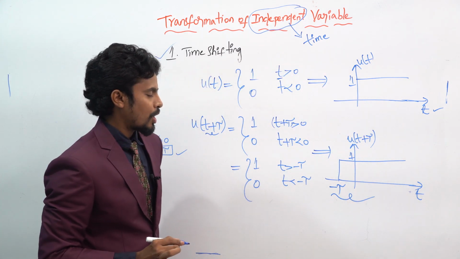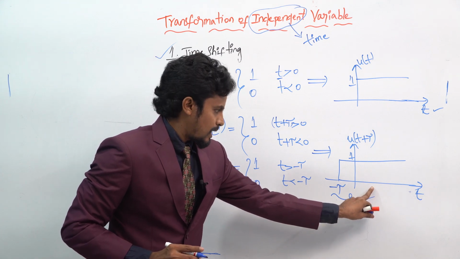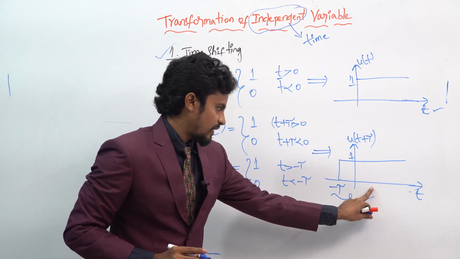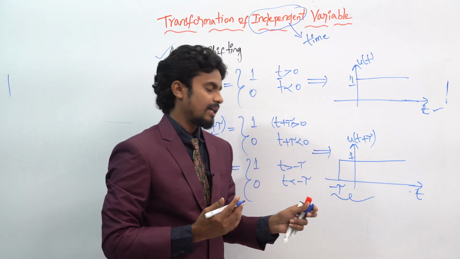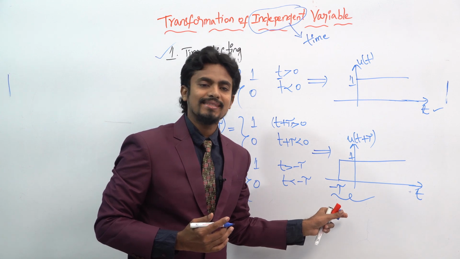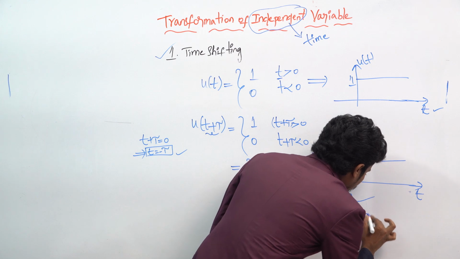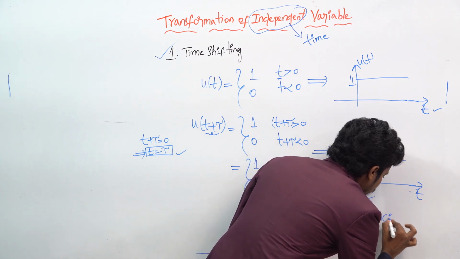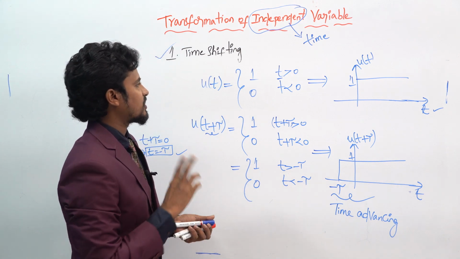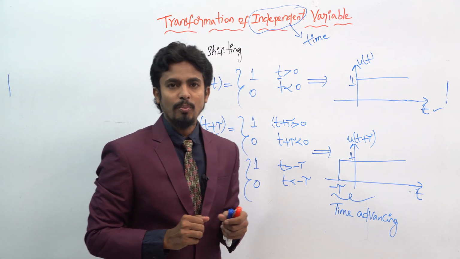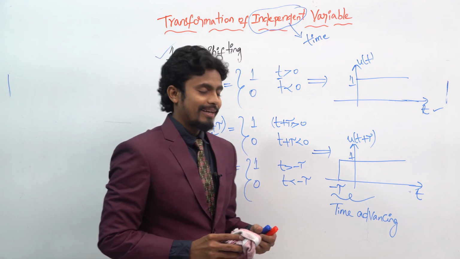You would think your plot starts at plus tau, but in the resultant way it starts at minus tau, earlier. Hence that is said to be the time advancing. These were the two cases of the time shifting operation: time delay as well as time advancing.